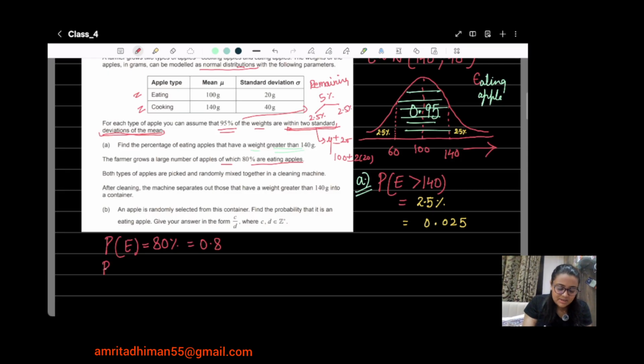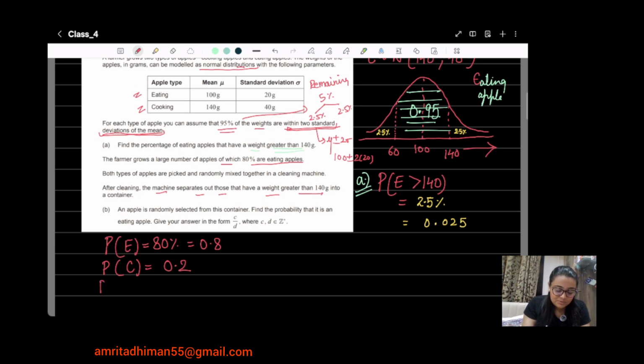That means it is very obvious that the probability for the cooking apple is nothing but 0.2, right? Now what they are saying is that both types of apples are picked randomly, mixed together in a cleaning machine. Okay, after cleaning the machine, separate out those that have a weight greater than 140 into a container.